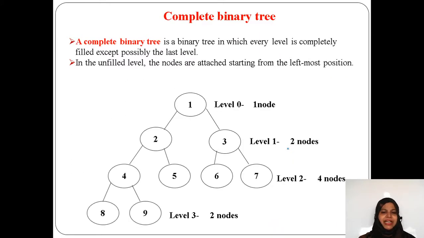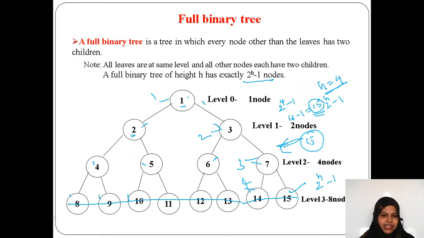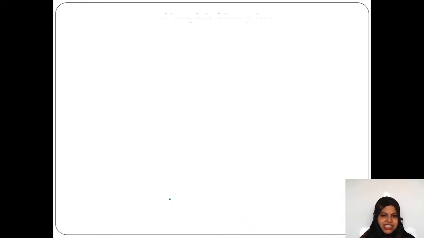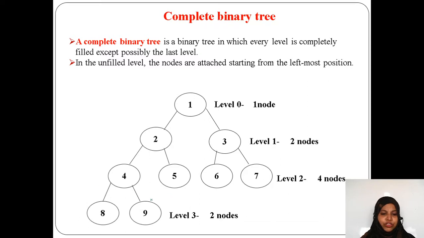Now the complete binary tree. A complete binary tree is a binary tree in which every level is completely filled except the possibility of the last level. Here the last level is not going to be filled, right? In the previous case, the last level was all filled. Whereas in a complete binary tree, the last level is not going to be filled.